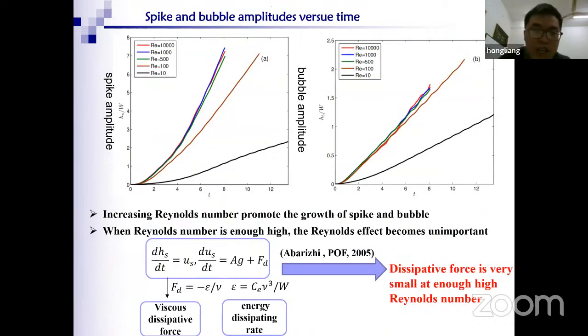We can also calculate the spike and the bubble amplitudes, and we present the results. And we can find from these two pictures that increasing the Reynolds numbers promotes the growth of the spike and the bubbles.